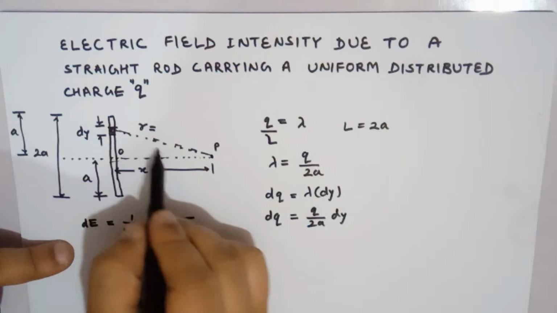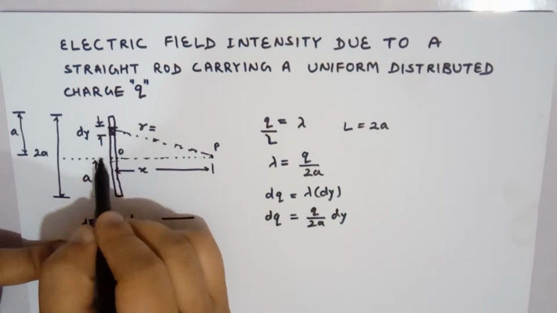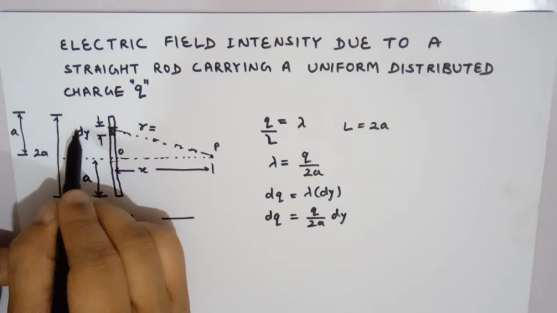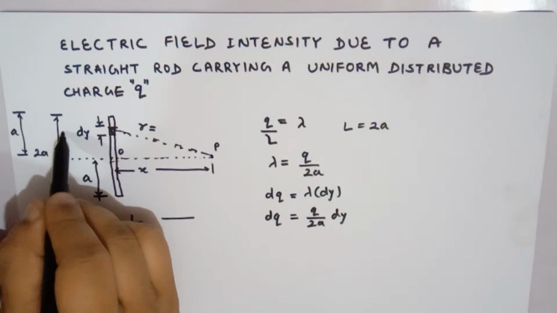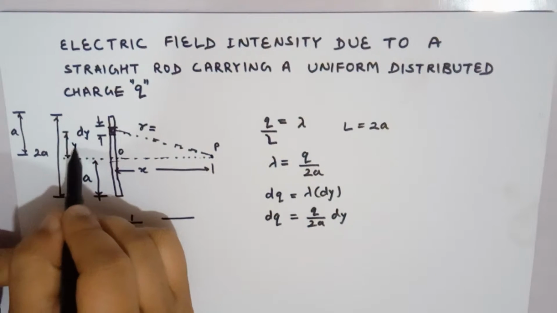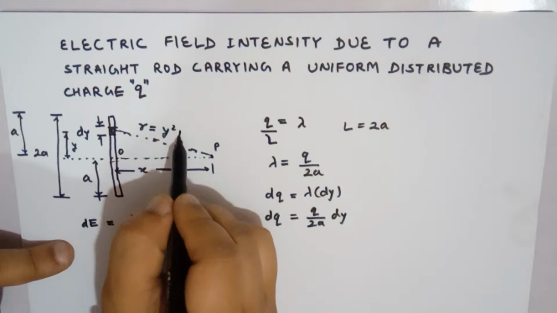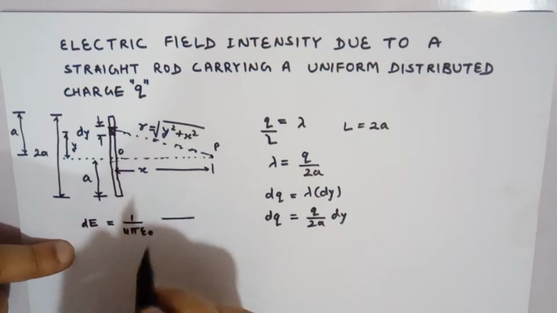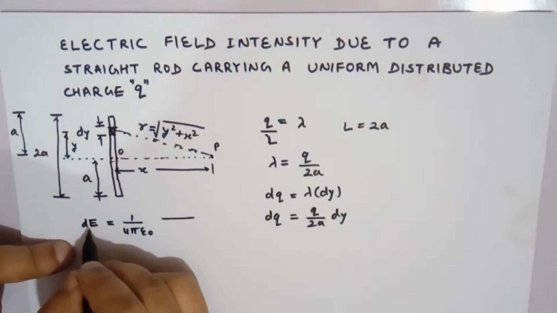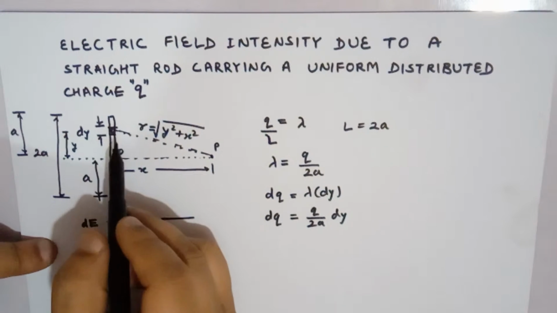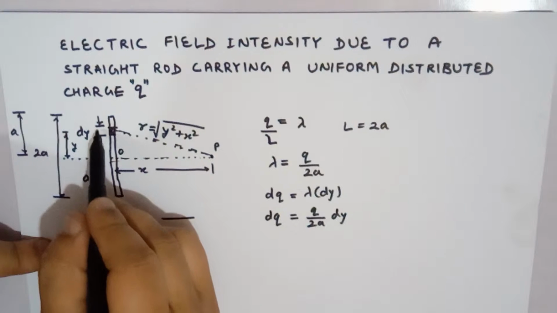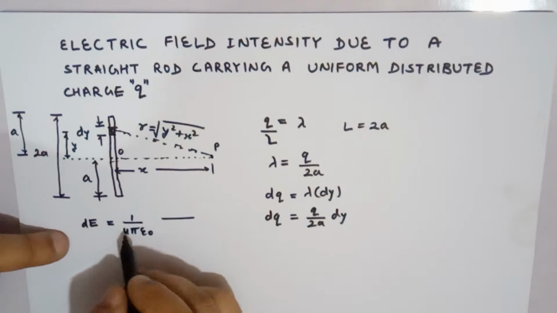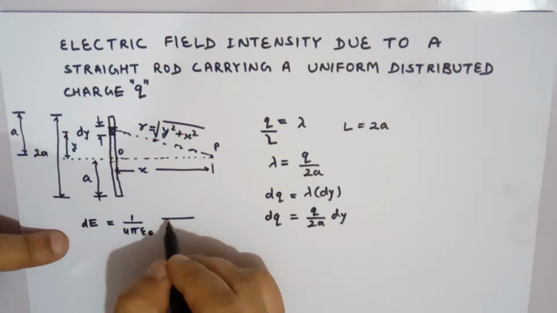If that length up to this point is y, then r would be the square root of y square plus x square, right? So dE, the small electric field at point P due to this segment, would be dq.